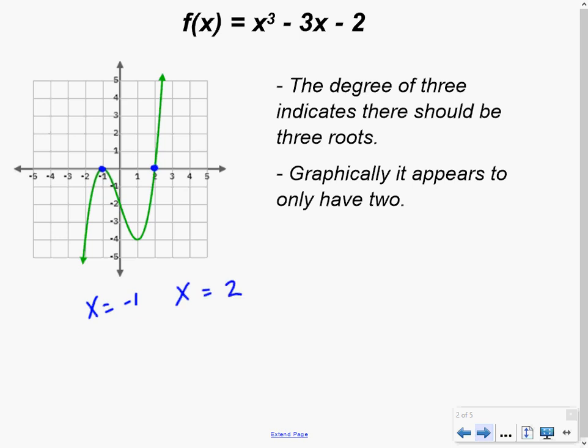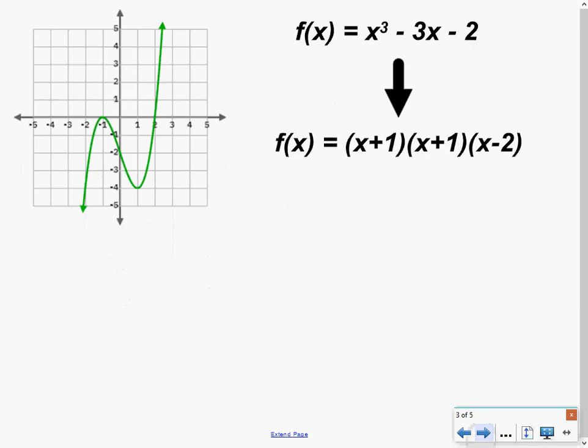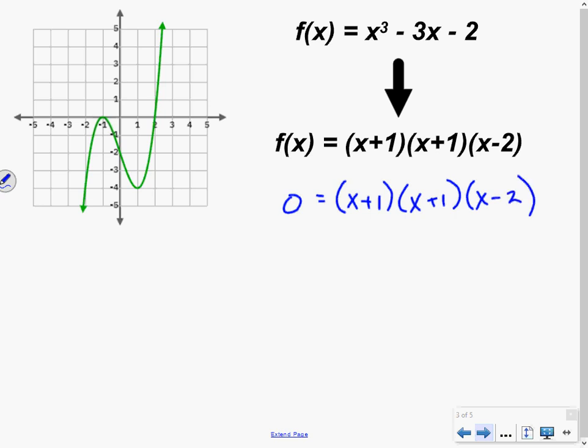So here's the catch. If I were to take this function and factor it, I would see that there are 3 factors, x plus 1 times x plus 1 times x minus 2. We know that when we're solving for zeros, we can take each of these factors and individually set them equal to 0. So let's see what happens there.